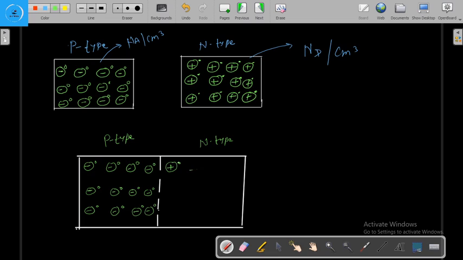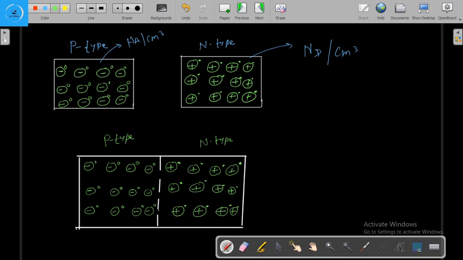This is the electron, a positive ion with electron for the n-type semiconductor, and for the p-type semiconductor a negative ion with hole, right?